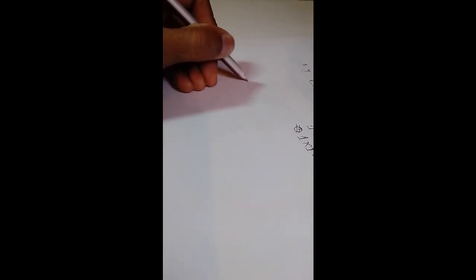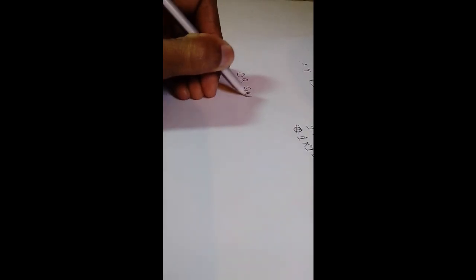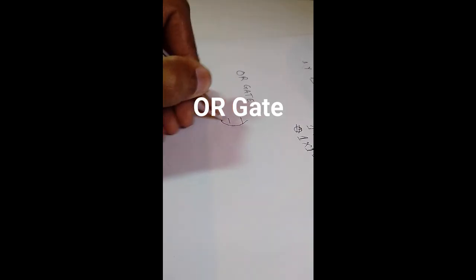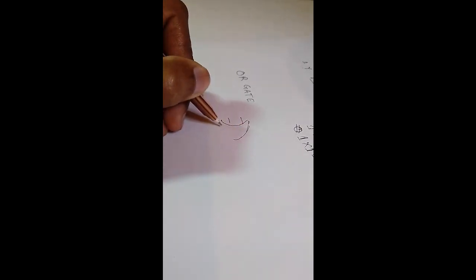Also here comes the OR gate. If we draw an OR gate, it looks like this.